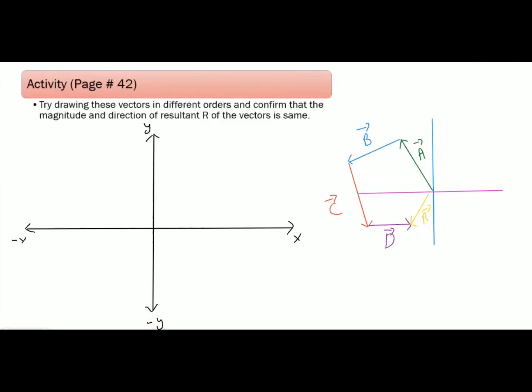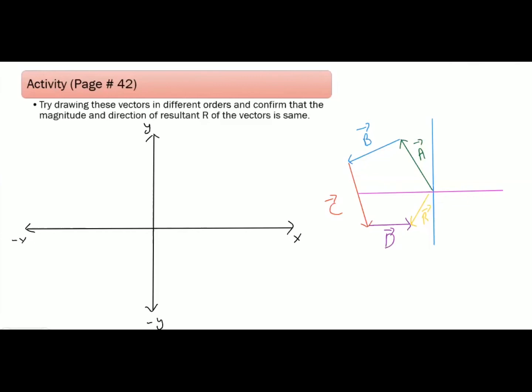In this activity, we have to show that the resultant vector is independent of the order of vector addition. Like if you add A, B, C, D, you will get the same resultant, even if you add B, C, D, A. Hence, vector addition is commutative. So you have to prove this statement.